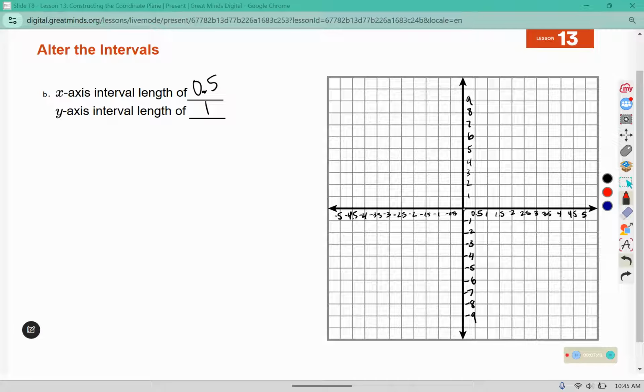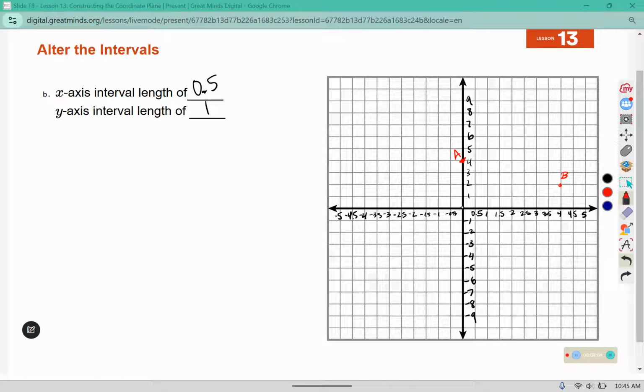A was 0, 4, so 0 in the horizontal direction and 4 in the vertical direction. B was 4, 2, so we're not going over 4 boxes, we're going over to the number 4 and up to the number 2.